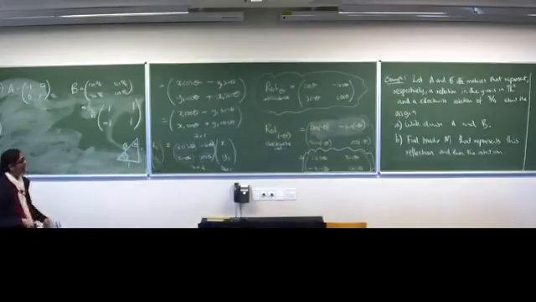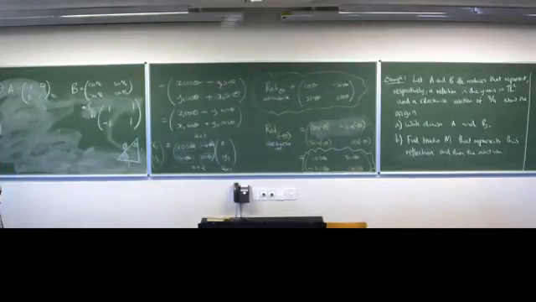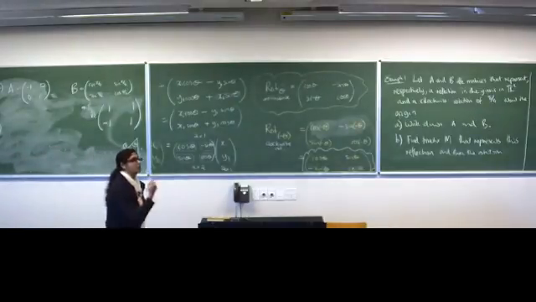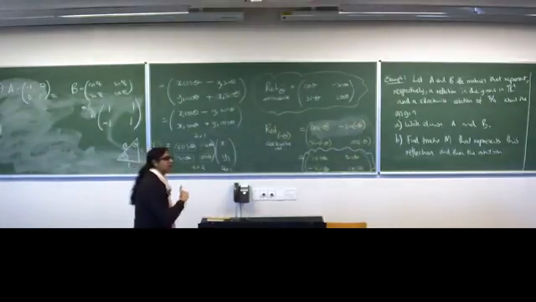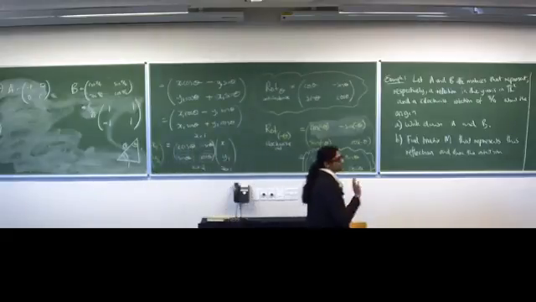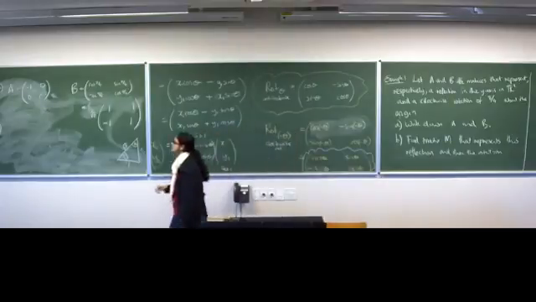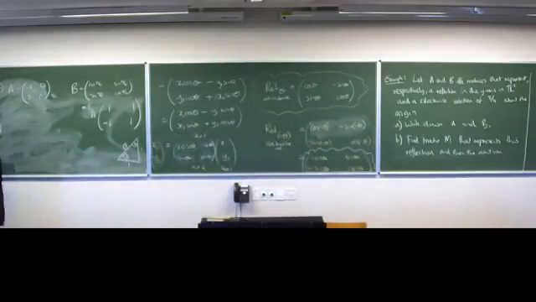Okay, now the second part is the interesting part. Find matrix M. It's a matrix that represents a new operation. The first operation was a reflection. We had a point P here.